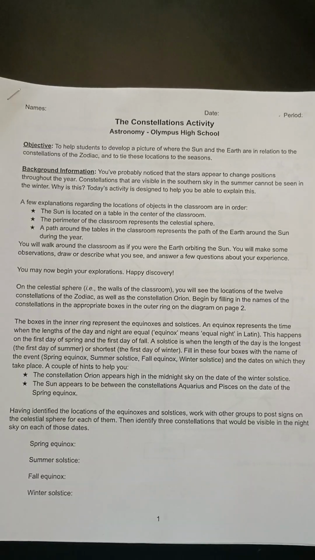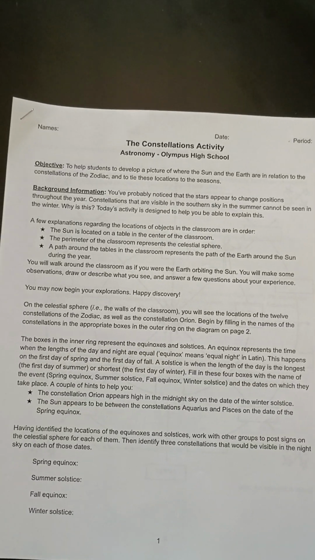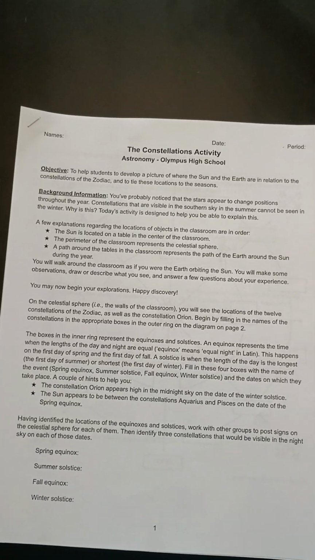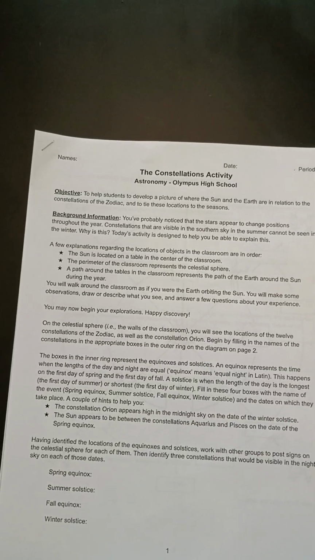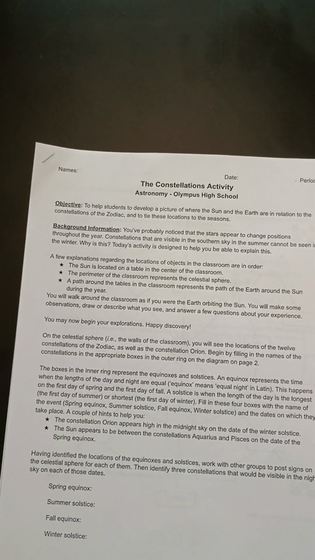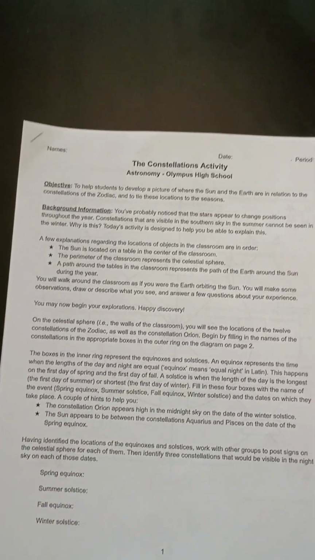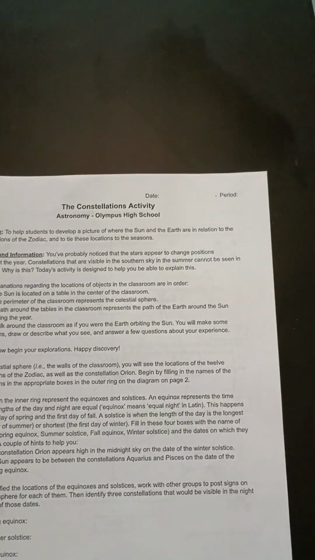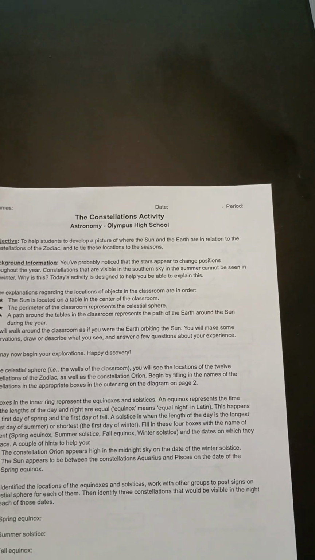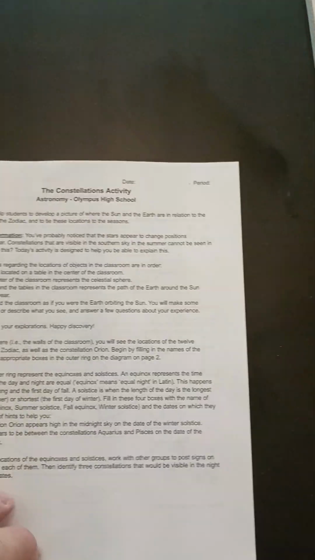This has to do with equinoxes and solstices, and it gives you a hint about where the Earth is with respect to the sun and the constellations when a couple of those things happen. If you can get those things in order, that will help you to do everything else, okay?